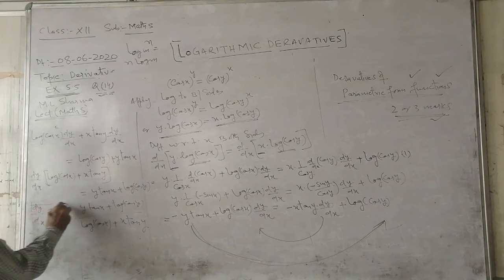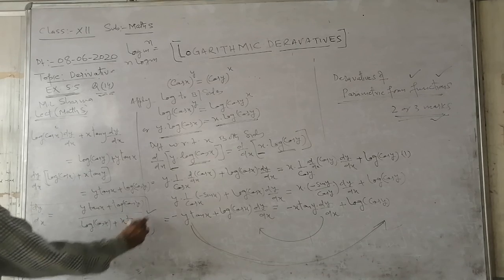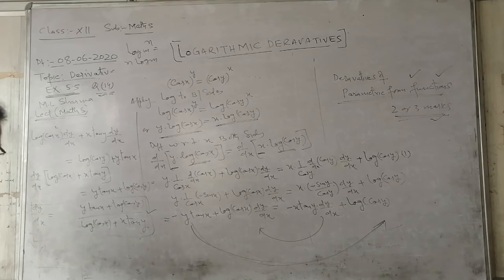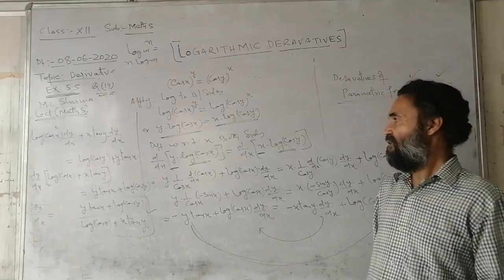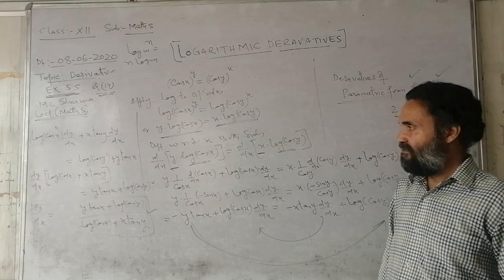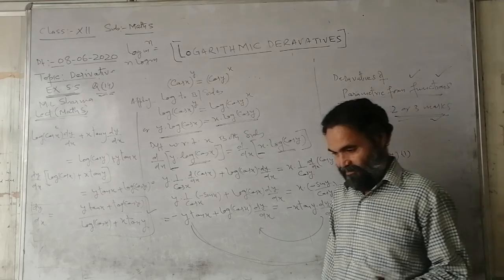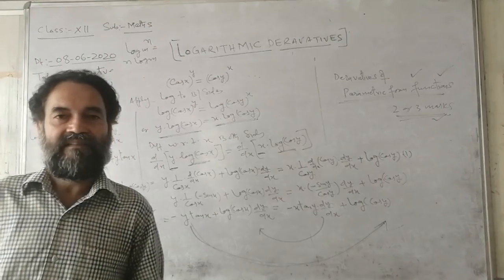In this way, this value of dy upon dx is calculated. So for today, these are sufficient questions. You may try these at your home. So next, I am going to take parametric differentiation. Till then, bye.